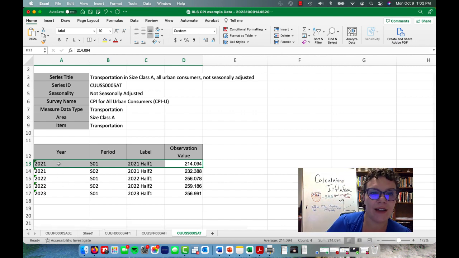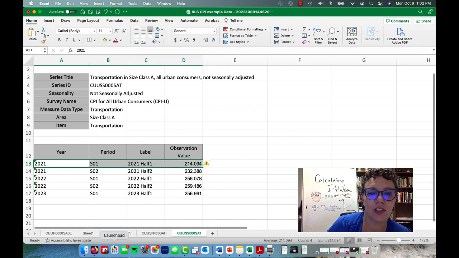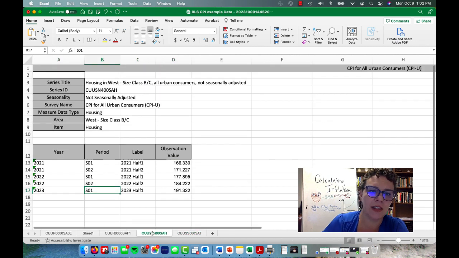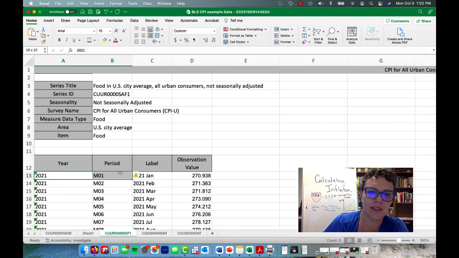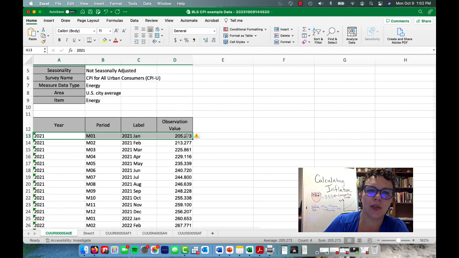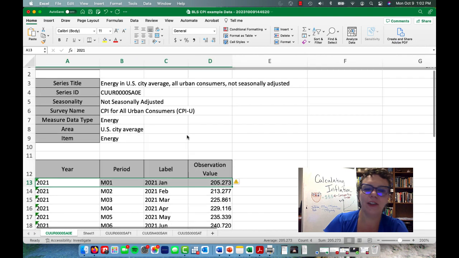So they all have a first period of the year. I'm going to select that first period of the year for transportation, for housing, for food in 2021, and for energy in 2021.